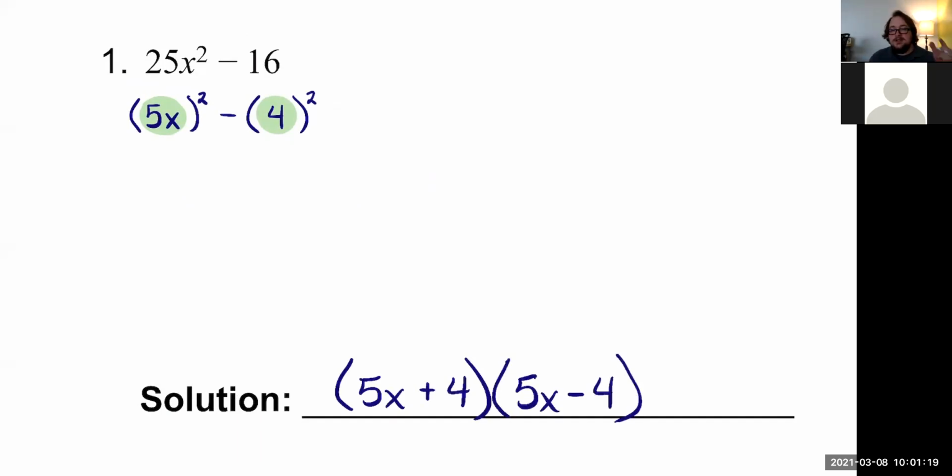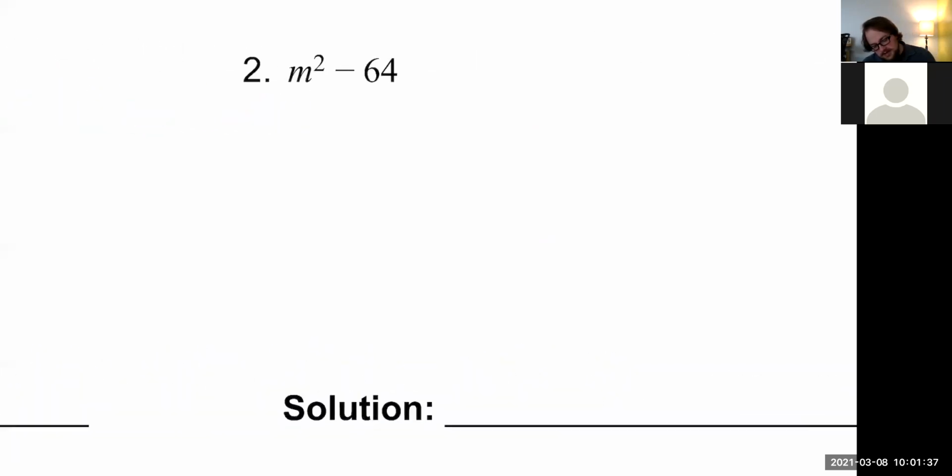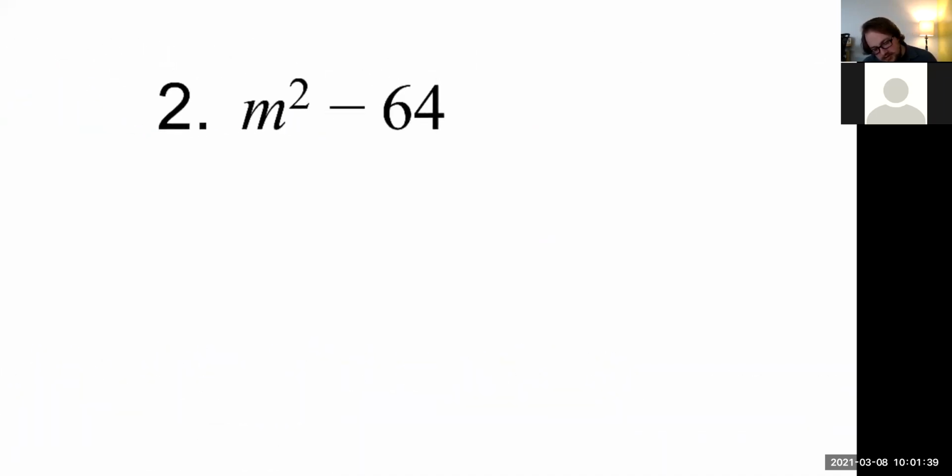The hardest part is figuring out what's being squared. Second one, a little bit more challenging, only because some of the information seems to be hiding.